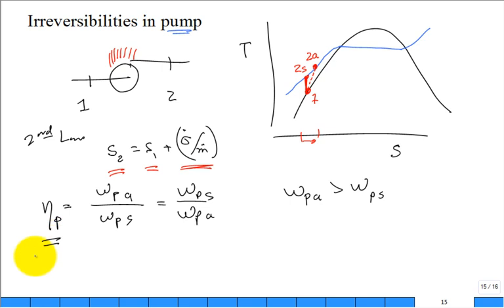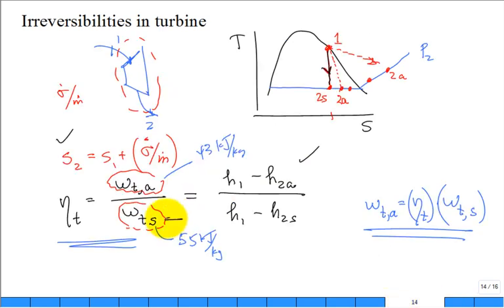So guess what? You put the smaller in the numerator and the larger in the denominator. Do you remember this? That was always confusing to students. Because I look at the turbine, where is the isentropic? It's switched between the pump and the turbine. Why? Well, one is work producing, one is work consuming.